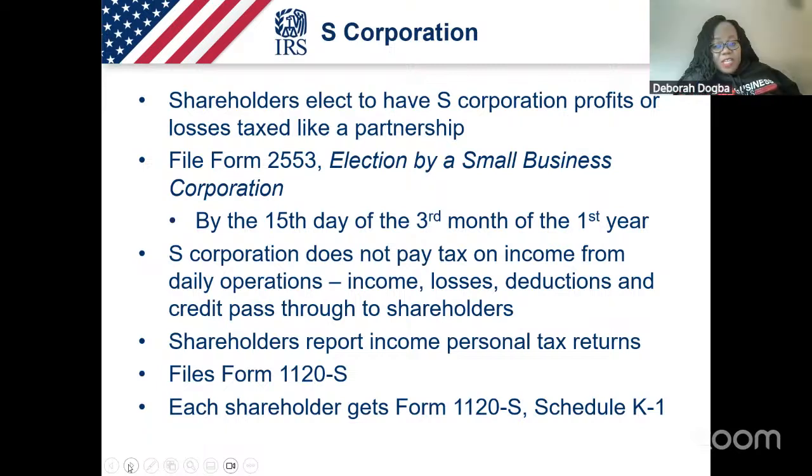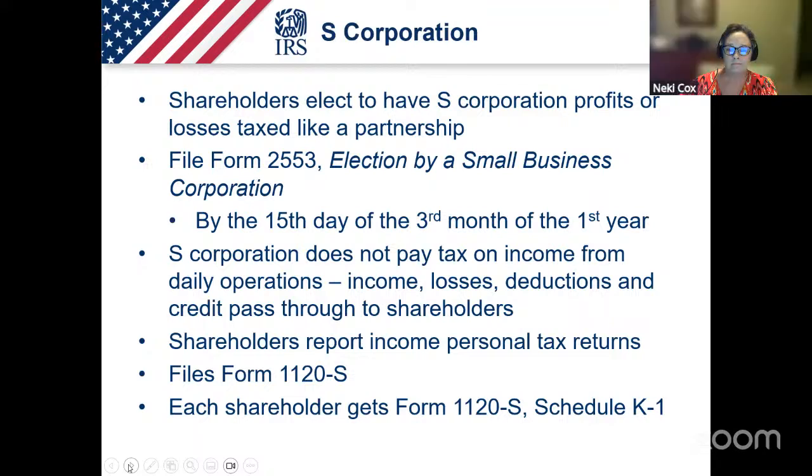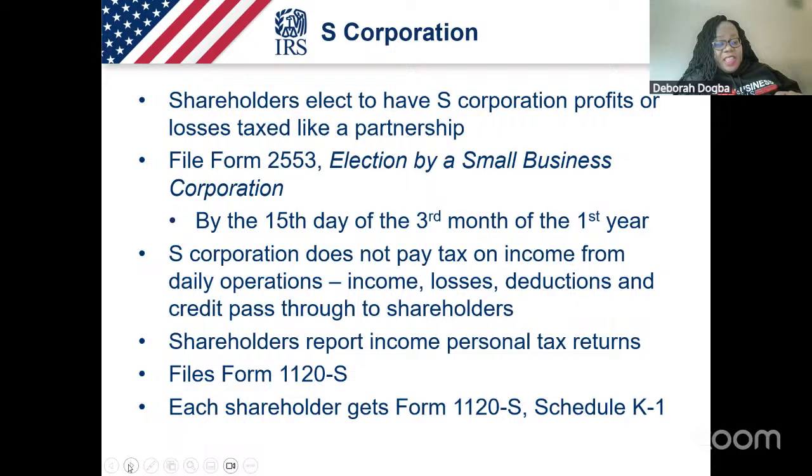I have a question, Nikki. Last year I submitted the Form 2553 to be considered as an S corp, but I didn't do it within the time frame. I did it after March 15th. And it's been more than 60 days. I haven't received that confirmation yet.